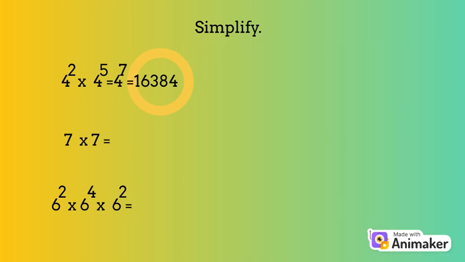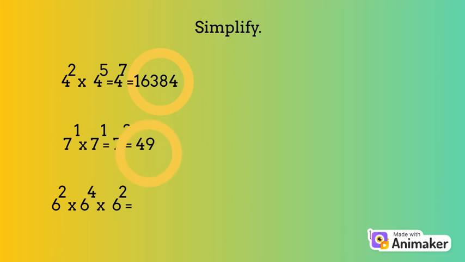Now we move on to the second problem, which is 7 times 7. Since there are no exponents, there is automatically a 1. So now we add 1 plus 1, which equals 2. That equals 7 to the second, which we simplify to 49.